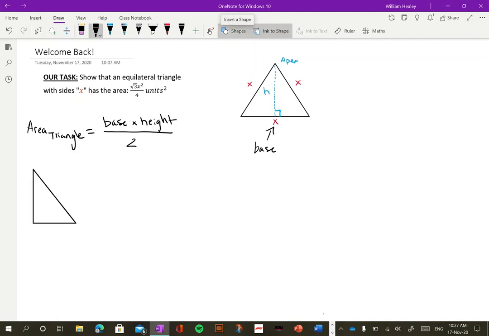So here's our height. Our base, well, since this is halfway across and we know the base is x, we know this is going to be x over 2. This is also x over 2. Our base is going to be x over 2. And we know this side length is x.